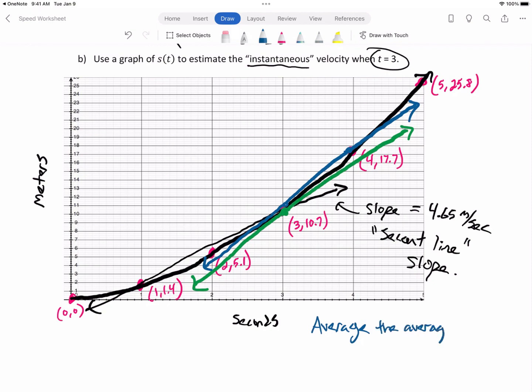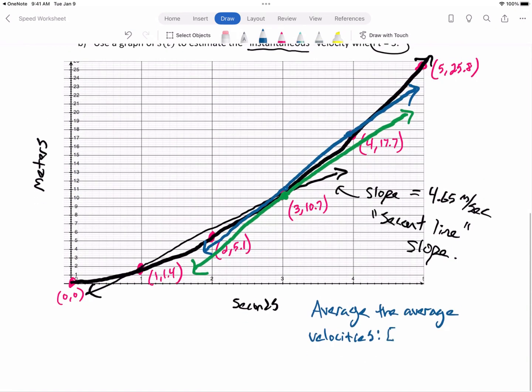What I'm going to do is average the average velocities. So the secant line on the left from 2 to 3, and then the secant line on the right from 3 to 4. I'm going to average each of those slopes and come up with the best approximation that I can get for the instantaneous rate of change at t equals 3.